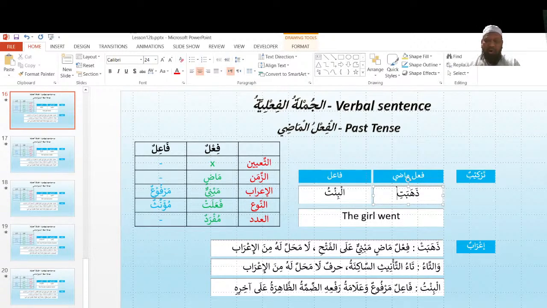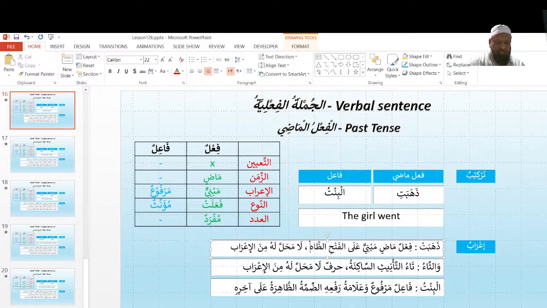Now this ba we can see, it's apparent, it's clear. After al-fath, we write al-zahir. We say على الفتح الظاهر.